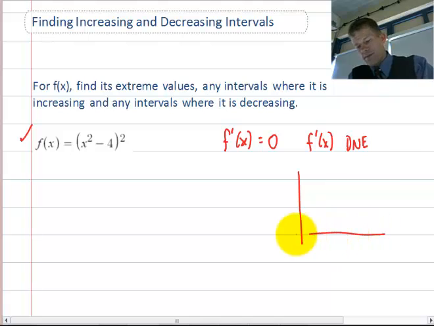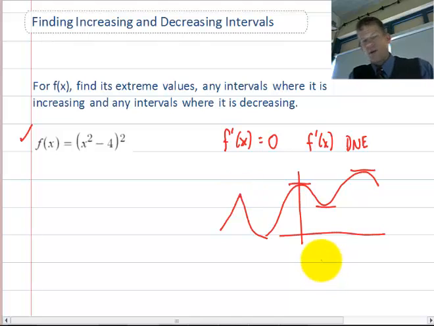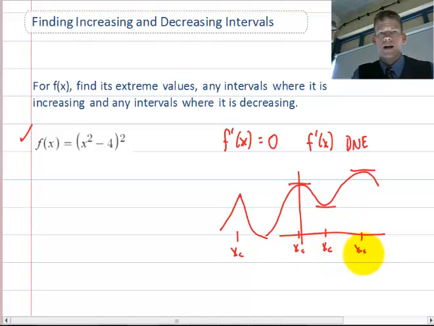For example, we're going to see if our graph has any locations where the derivative equals 0 or doesn't exist. We're going to plug those critical values back into the function using a table and identify what the critical values are. Remember, the critical values are the values of the function.